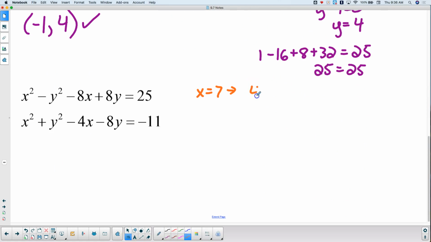So that's going to be 49 plus y squared minus 28 minus 8y equals negative 11.